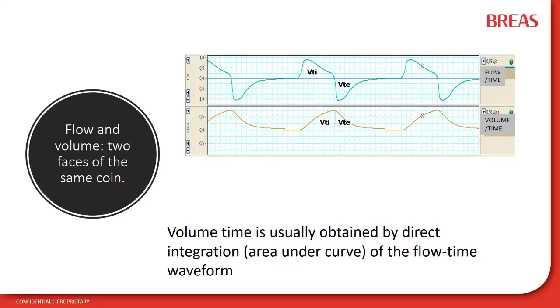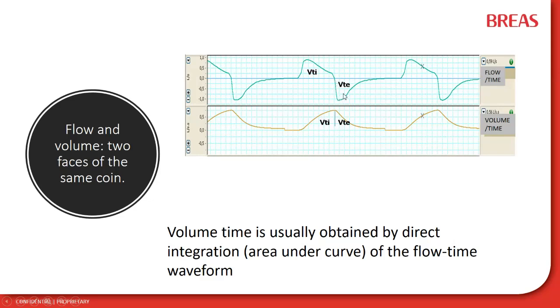Because volume time is usually obtained by direct integration, that is, the area under the curve, of the flow time waveform. As you can see in this picture, the positive part of the flow time waveform corresponds to this positive part of the volume time, and the area contained in this curve is the tidal inspiratory volume.